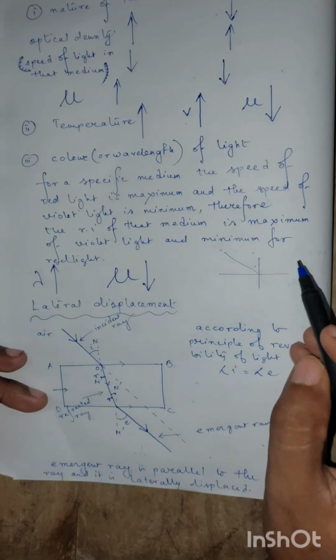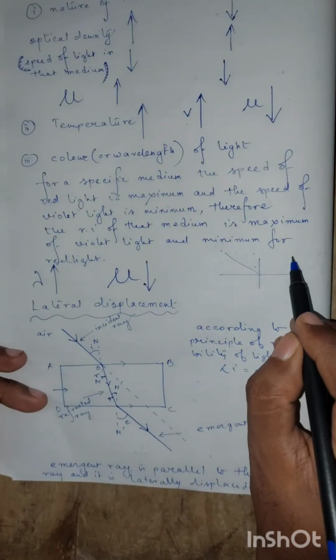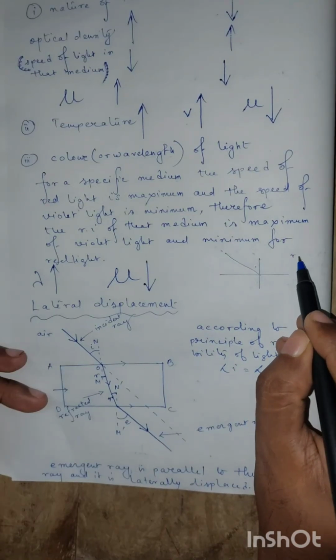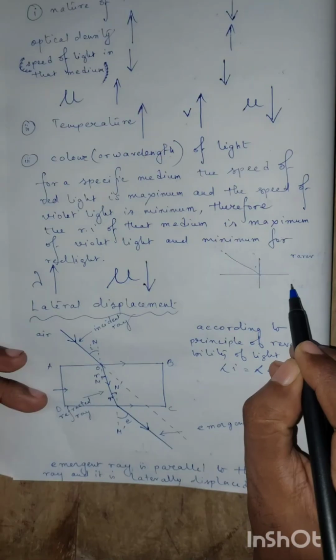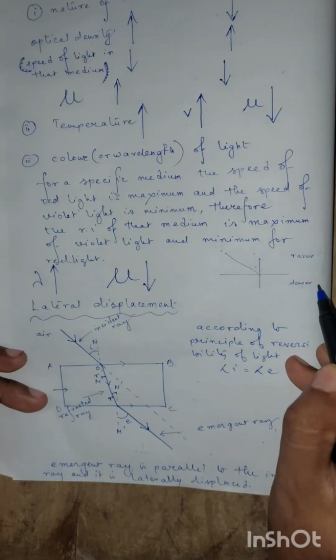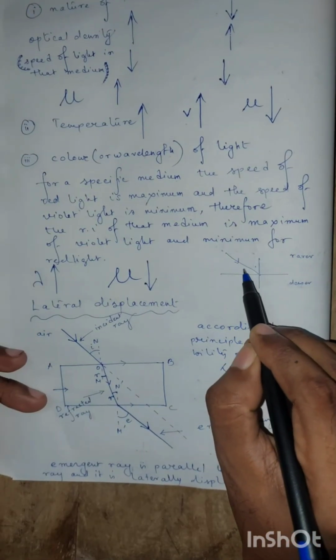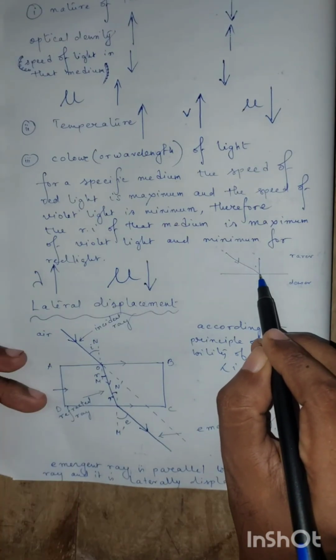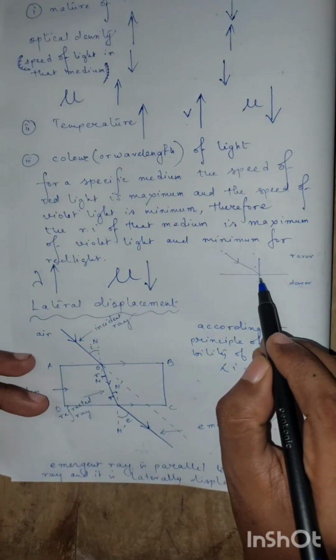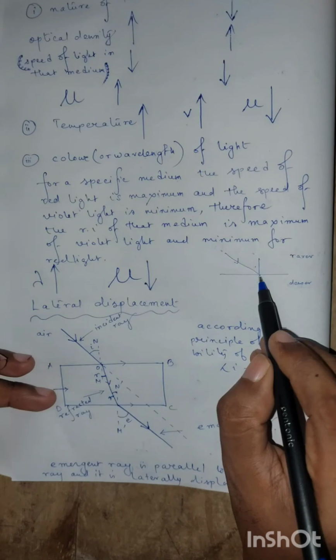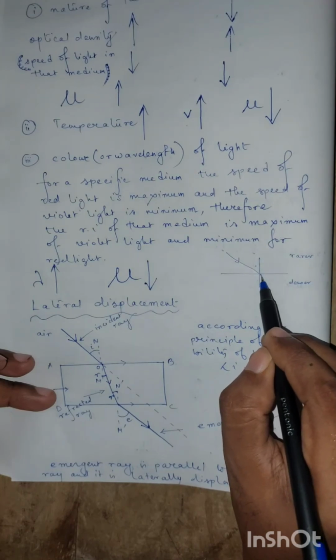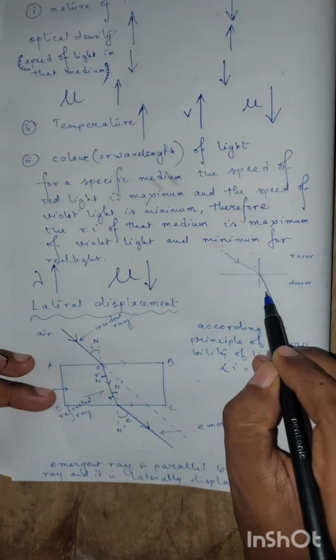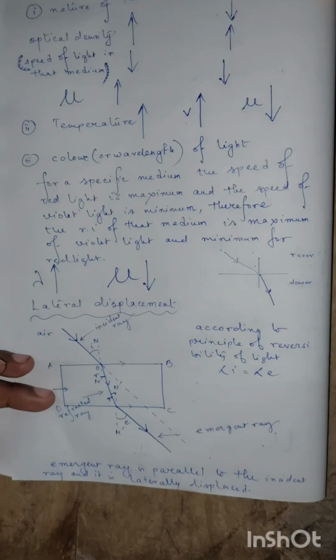So let us assume this is our rarer, this is our denser. So when we send this light ray from the first to second medium, it bends towards the normal.